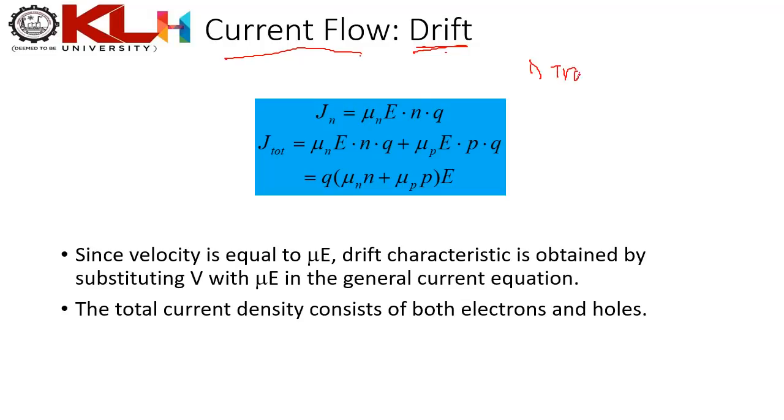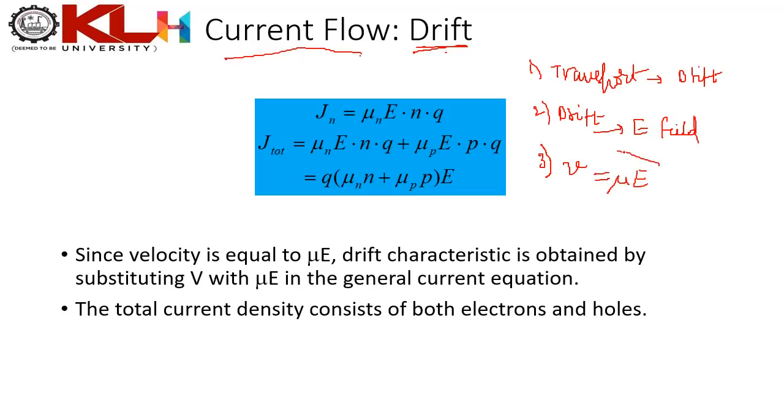Transport happens with the help of drift, and drift occurs in the presence of an electric field, and the velocity attained by the charge carriers in the presence of an electric field is related as v is equal to mu E, where mu is nothing but mobility. So these three things I want you to remember, and of course there is a solid base of physics.